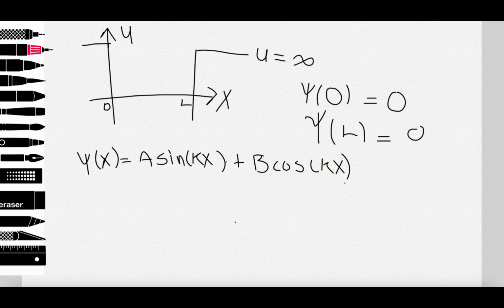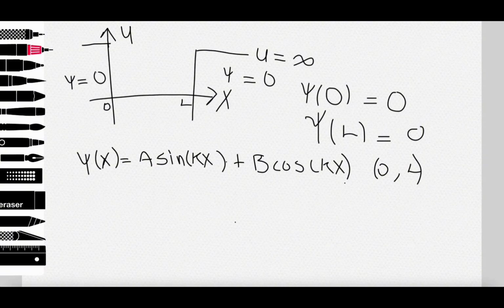K here is the wave number. So this wave equation, the one I've written right here, this general form is only applicable for x between 0 and L. Everywhere else, the wave function is equal to 0.